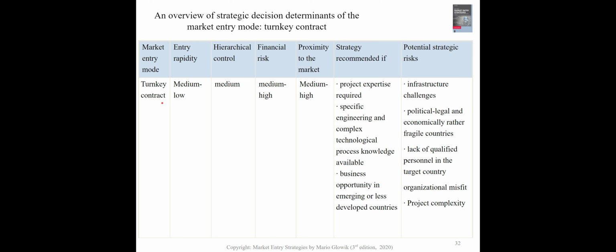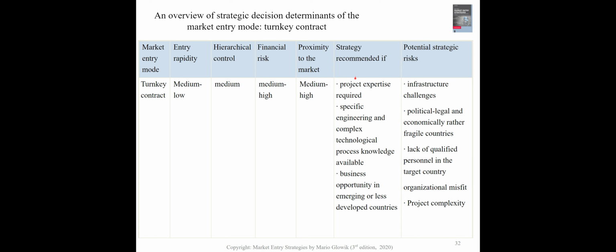Turnkey contracts deal with larger investment activities, investment projects. That's why the entry rapidity is medium to low. Hierarchical control tends to be medium. The financial risk tends to be medium to high, and the proximity to the market tends to be medium to high as well.